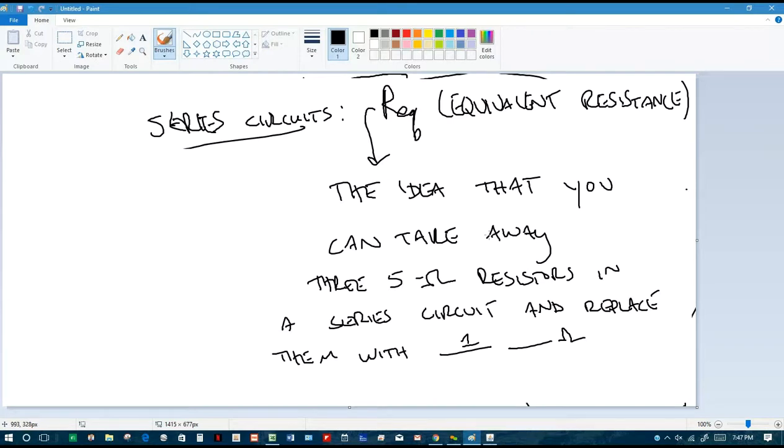What is the total resistance or equivalent resistance of 3 5-ohm resistors in a series circuit? 15 ohms. Yeah. So this is the idea that you can take them away and replace them with 1 15-ohm resistor and still have the same current.